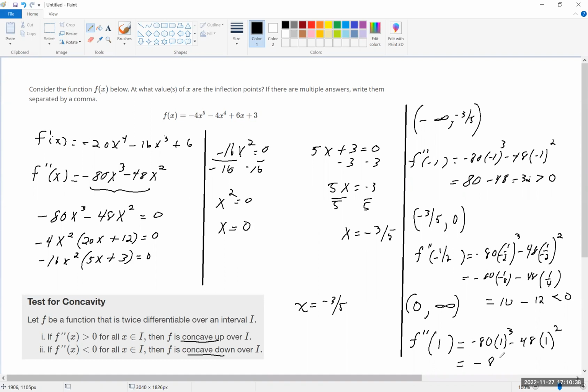This is -80 minus 48, which is -128, which is still negative. Therefore, x equal -3/5 is the value of x at which there is an inflection point.